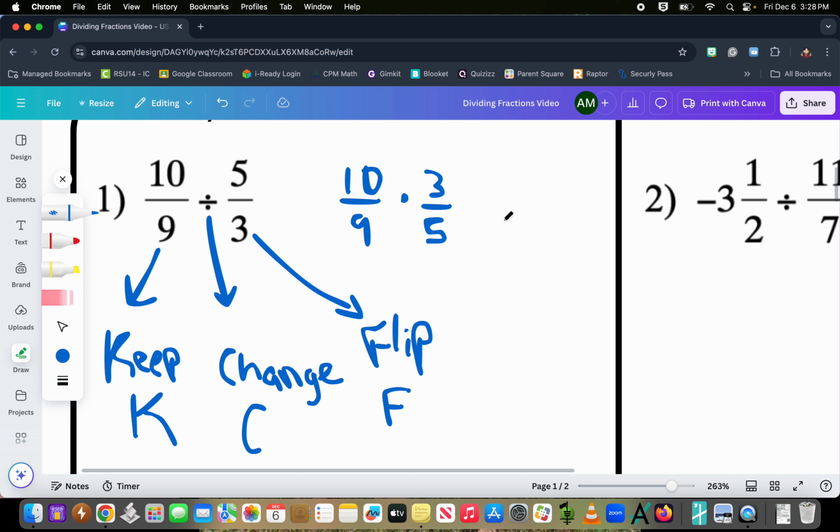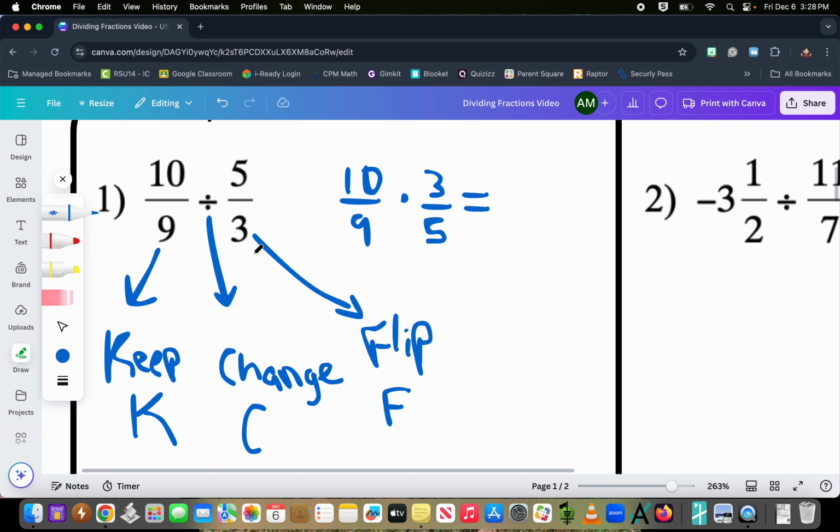Now, before I go and finish this, if you watched the multiplying fractions video, we went through the idea of cross-reducing. So we look at our diagonals, and something we can do here before we multiply across is notice that 10 and 5 share a common factor of 5.